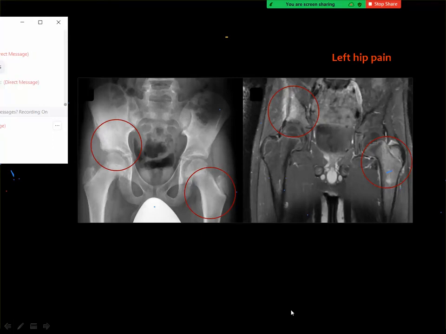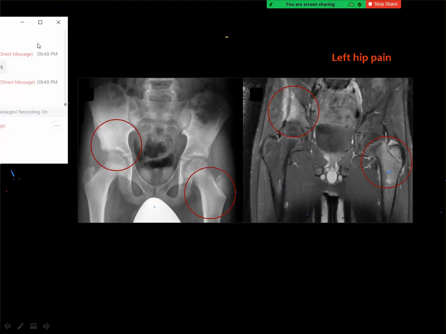No, this is not migratory osteoporosis, and this is not metastatic deposits. You see, this is a child, and all you have here is bone marrow edema in the right iliac bone, as well as bone marrow edema in the proximal left femur.